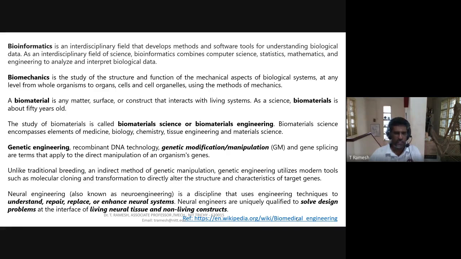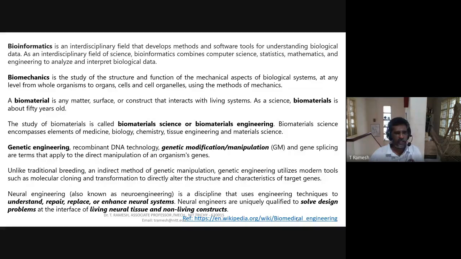This already exists in the agriculture field, where genetically modified seeds are available now, right? It can yield high quality products because all those things are genetically manipulated.